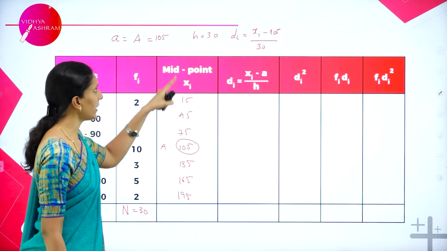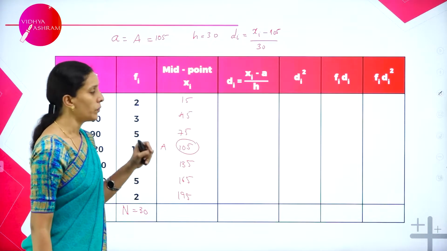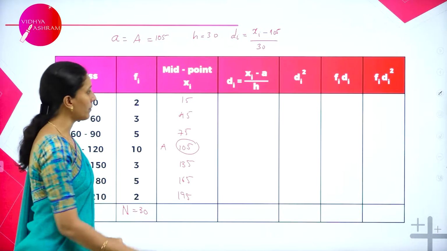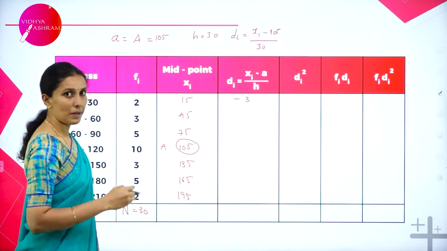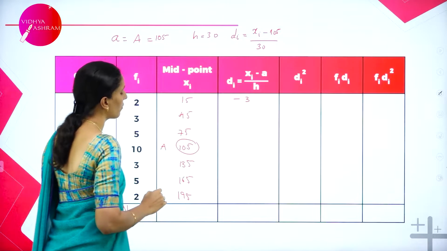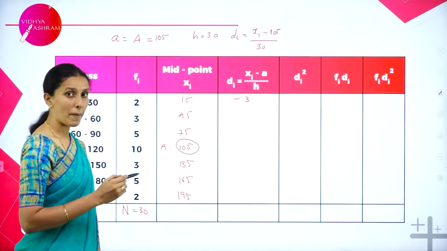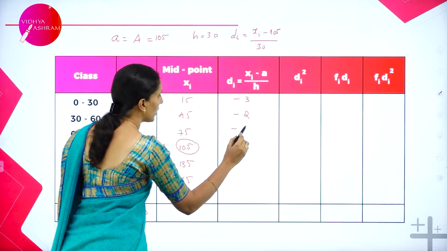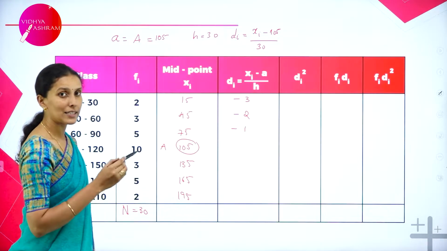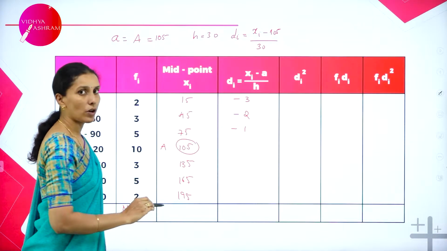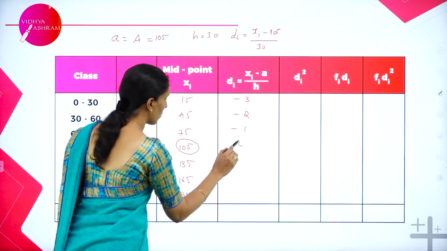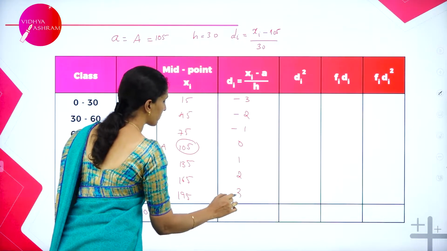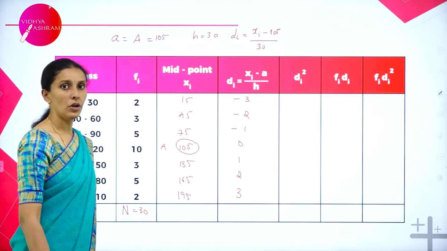For example, 15 minus 105 becomes minus 90, and minus 90 by 30 becomes minus 3. Similarly, 45 minus 105 divided by 30 is minus 60 by 30, which is minus 2. Similarly, here you will get minus 1. Here 105 minus 105 is 0, so 0 by 30 is 0. Similarly, if you go on calculating each deviation, you will get these.